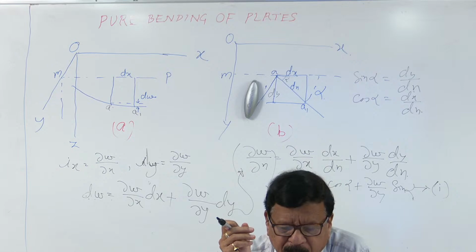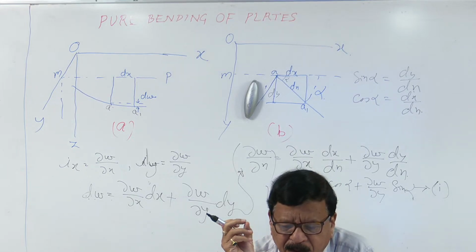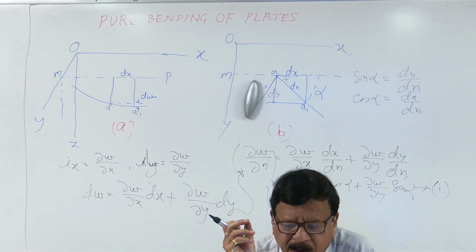To find the direction alpha 1 for which the slope is maximum, we equate it equal to 0.